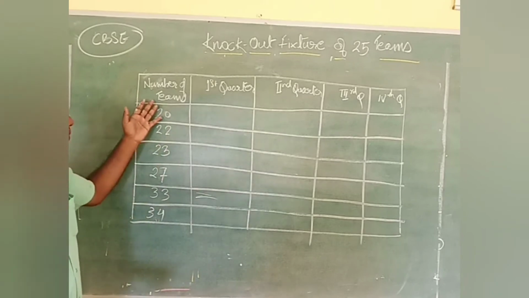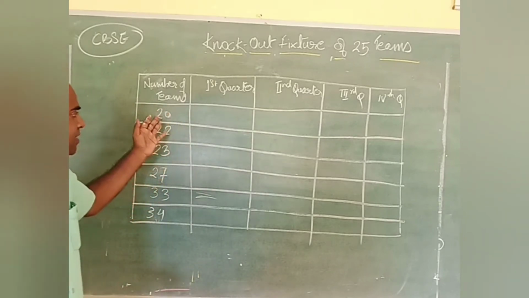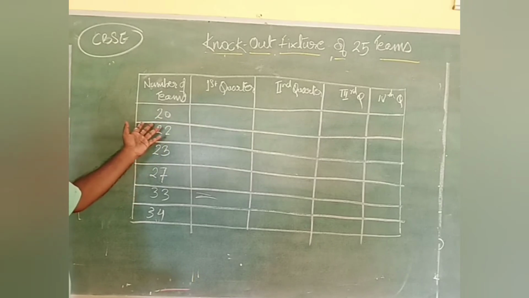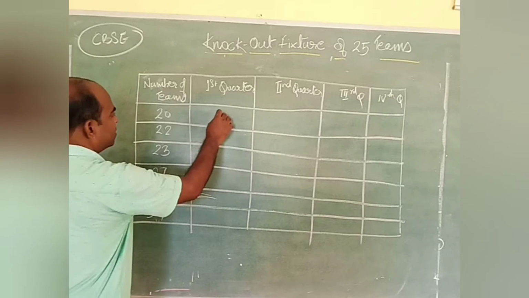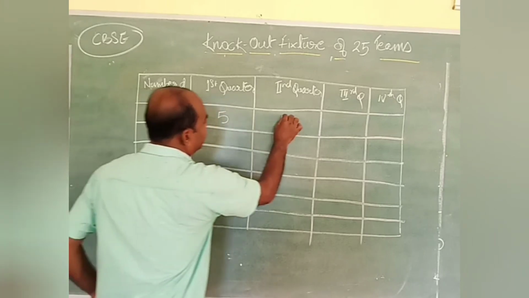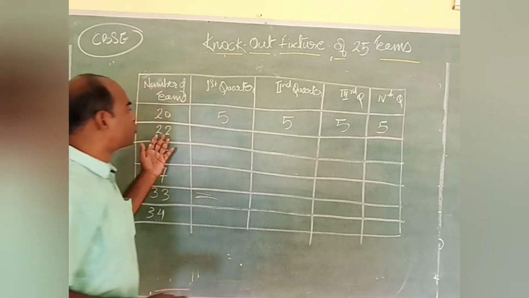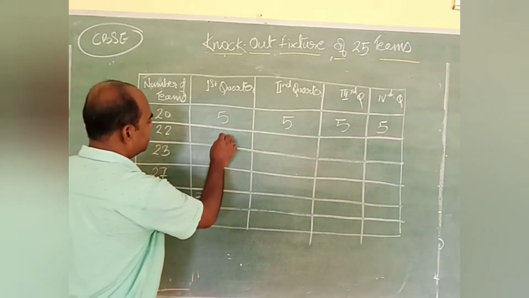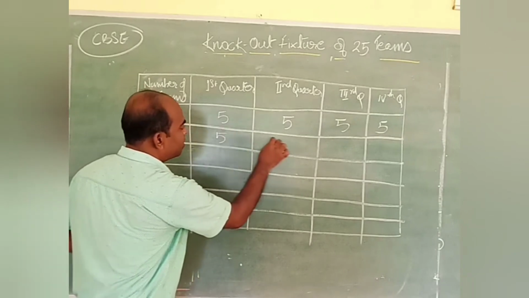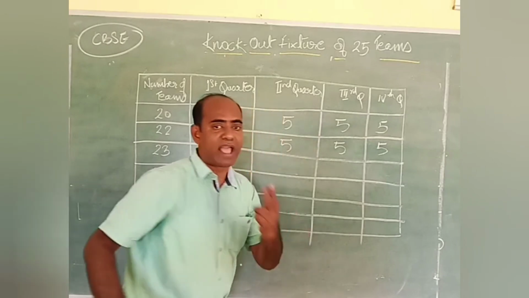In case the number of teams in the tournament is 20, this can very easily be divided into 4 quarters: 5 teams each. For 22 teams, as I said earlier, the remainder is 2, so 5, 5, 5, 5, and you have 2 extra teams.